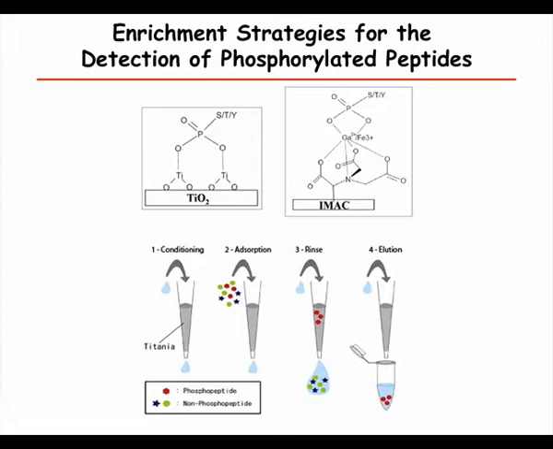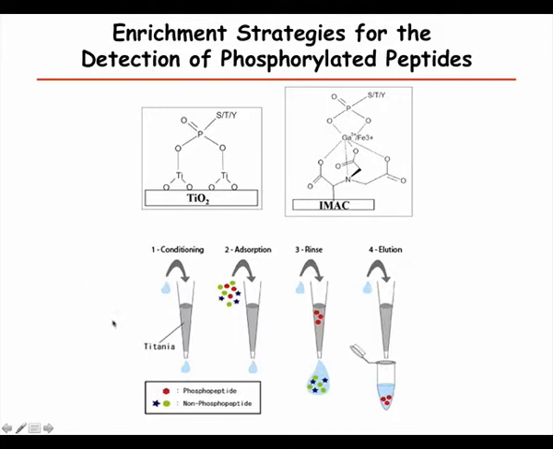And there are a few different ways to enrich. Most of them are based on some kind of affinity, using either IMAC or titanium dioxide. So this will enrich for phosphopeptides, and this just shows how you do it experimentally.